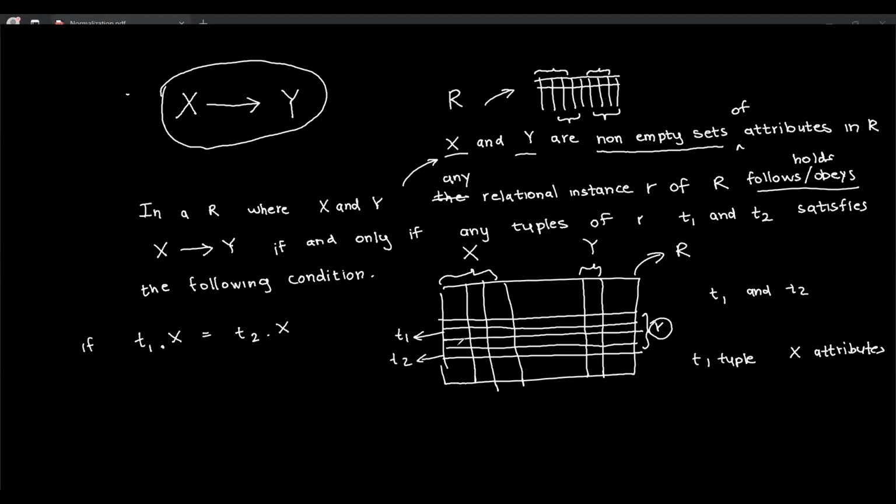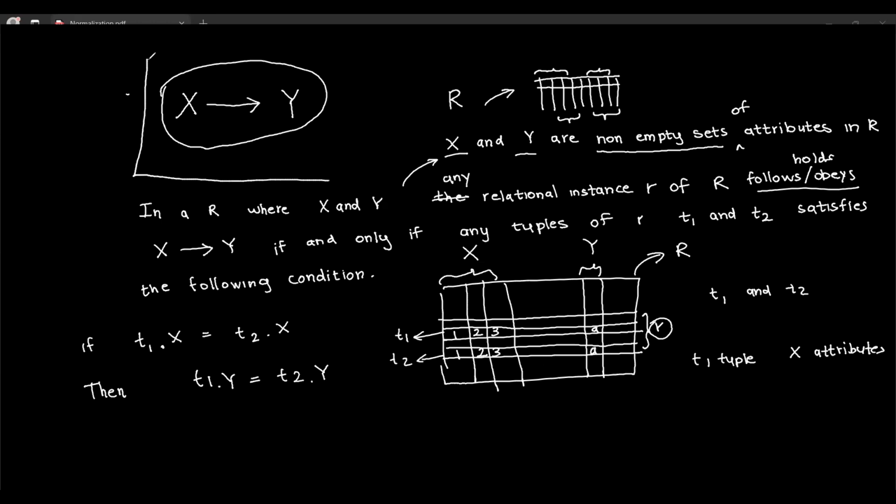If the values of t1 for the X attributes are 1, 2, 3 respectively, and t2 has the same values for the X attributes, 1, 2, and 3, well, then t1.Y must be equal to t2.Y. Let's say here we have the value lowercase a. Well, here also the value must be a.